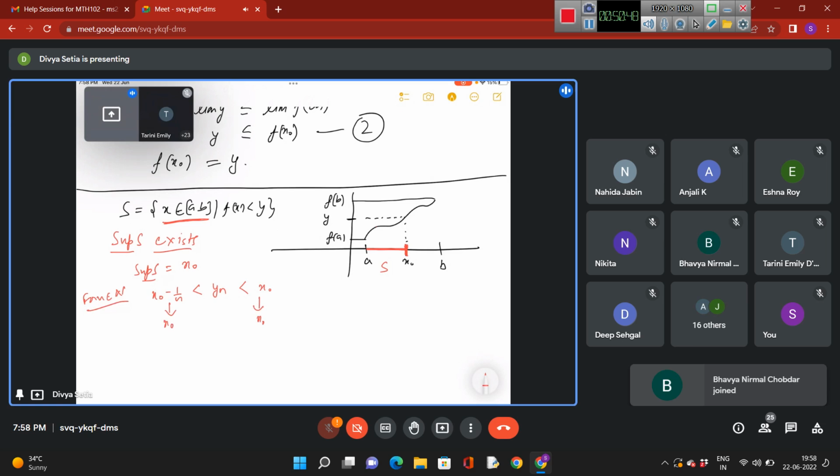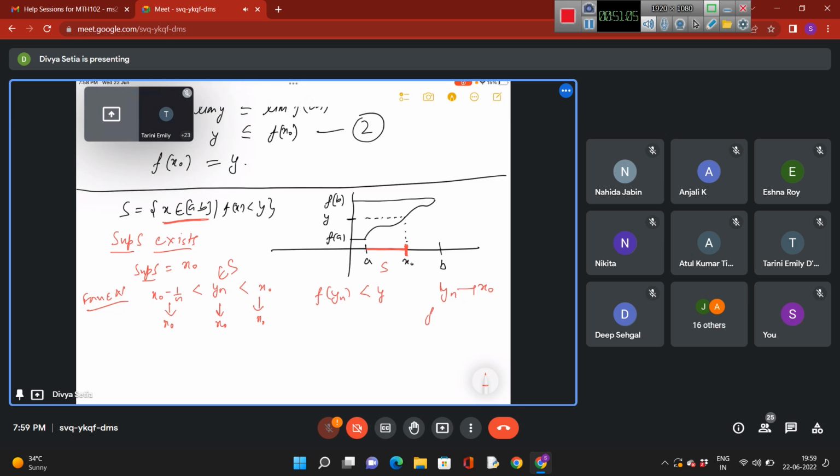These are the points of your set S, so each and every f of yn is less than Y. Now if yn converges to x naught, f of yn converges to f of x naught. So your f of x naught is less than or equal to Y.